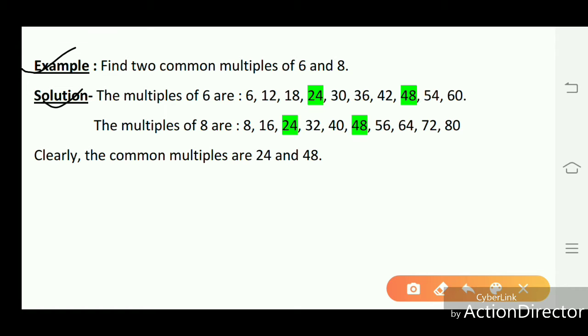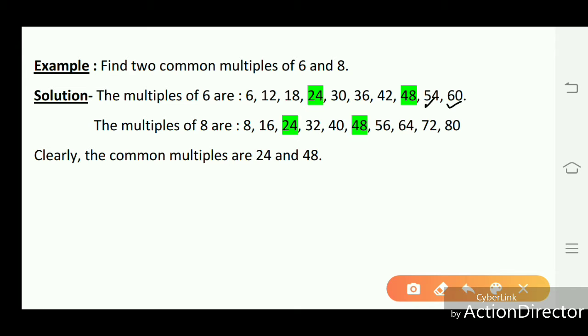Solution. First we find the multiples of 6. And how can we find multiples of 6? First we multiply by 1, then 2, then 3, then 4 and so on. So the multiples of 6 are 12, 18, 24, 30, 36, 42, 48, 54, 60.